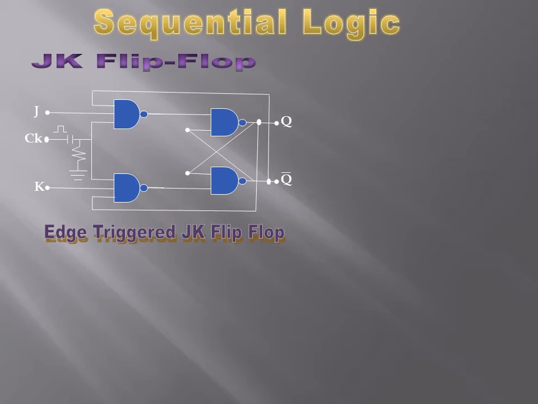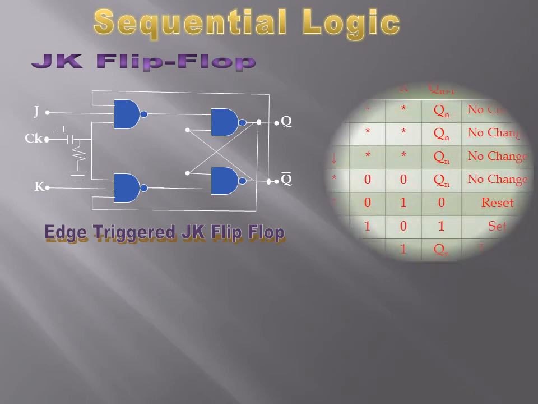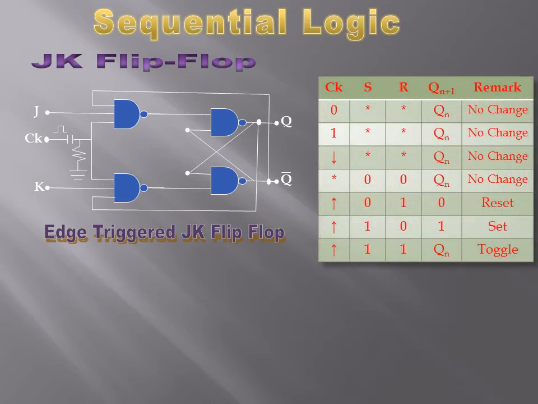Again, this is an edge-triggered flip-flop, having the clock connected to an RC circuit. If we see the truth table of this type of flip-flop, if the clock is 0, no change. If the clock is 1, no change. If the clock is moving down, no change.